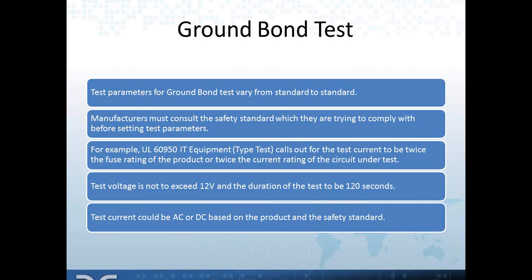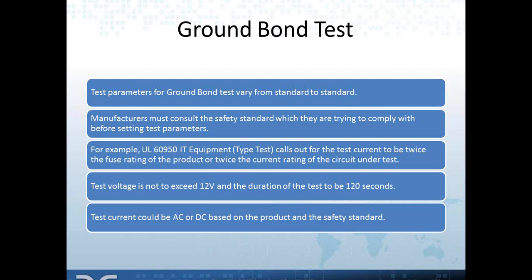This is very important to know, because before setting any test parameters on the product, the manufacturer must have all the information for setting these parameters, and for that they need to consult the standards that they're trying to comply with. For example, UL 60950 for IT equipment calls for the test current to be twice the fuse rating of the product, or twice the current rating of the circuit under test.